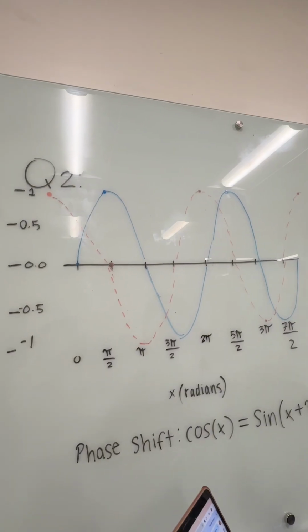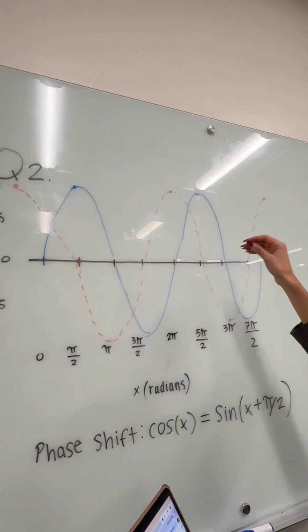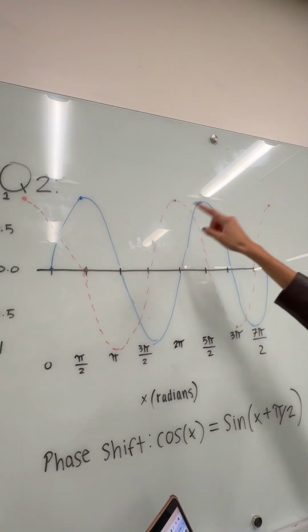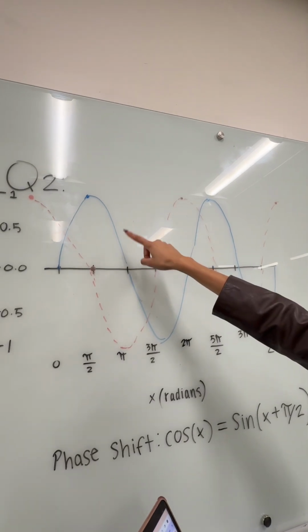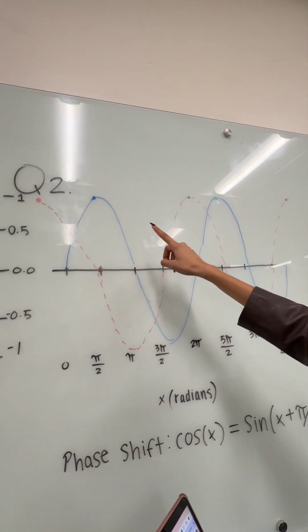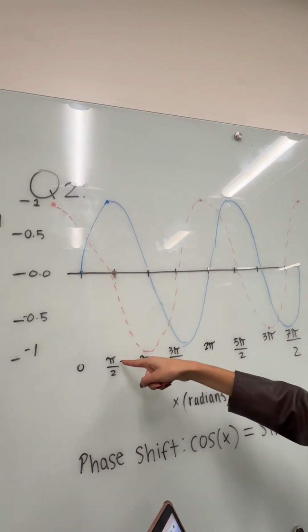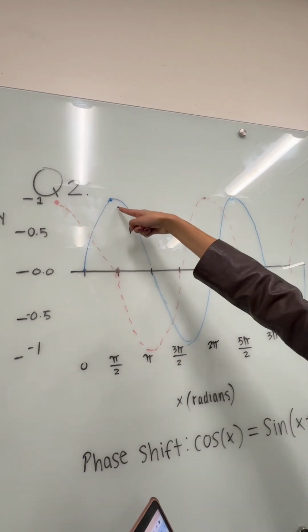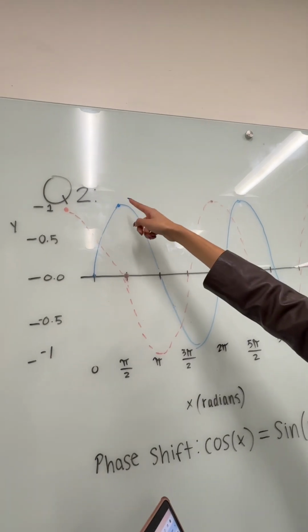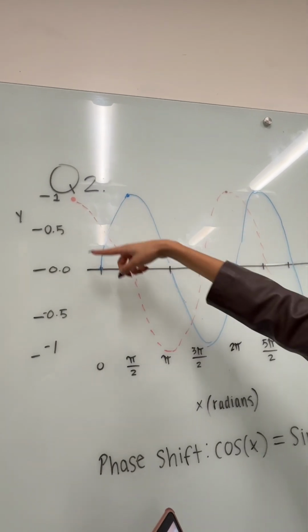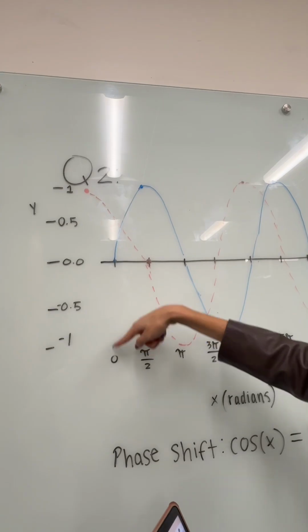To obtain the cosine graph from the sine graph, all you have to do is shift the sine graph pi over 2 units to the left. When you look at the sine graph, the maximum point is at pi over 2, and the cosine graph's maximum point is at 0.